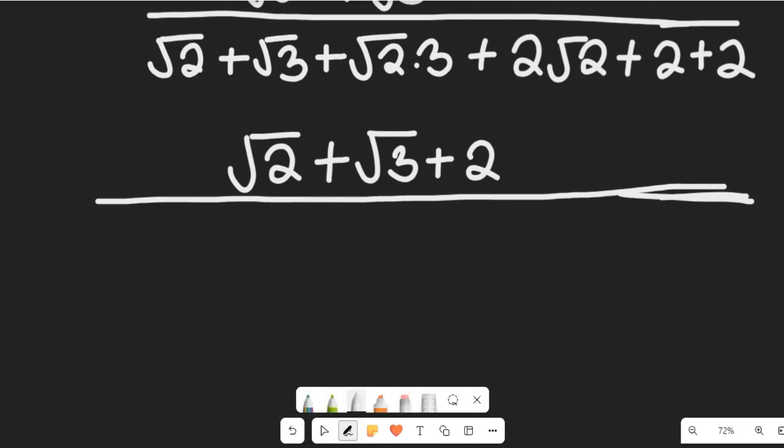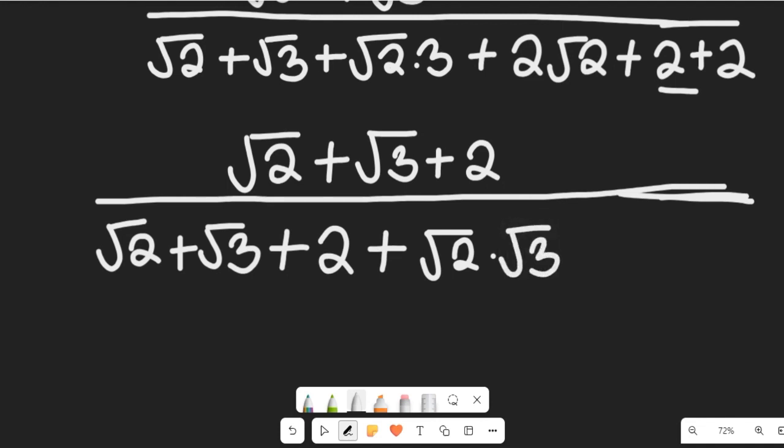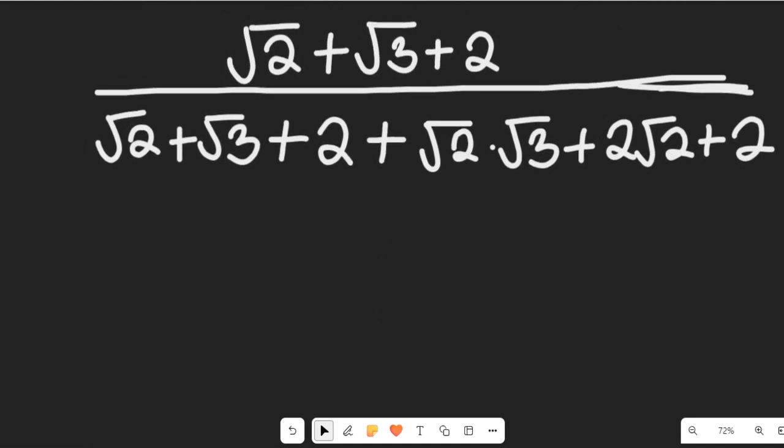So we have the square root of 2 plus the square root of 3 plus, we'll take one of these two and bring it here, and it becomes 2 plus, this will give us root 2 multiplied by root 3 plus 2 root 2 plus 2.